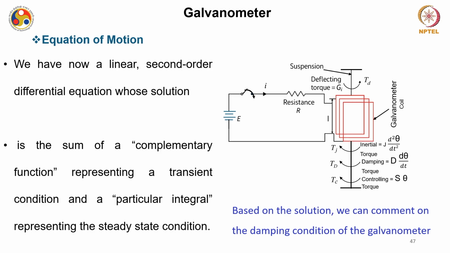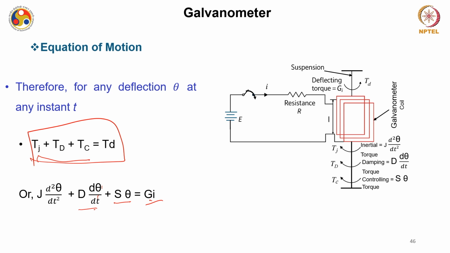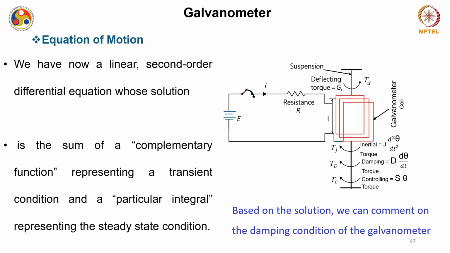We will of course not solve this equation of motion for the galvanometer, because we have to study other kind of meters, but if you are interested, you may try to solve this equation, and based on the solution you can comment on the damping of the system, be it over damped, under damped or critically damped. So all these things come from this equation of motion.